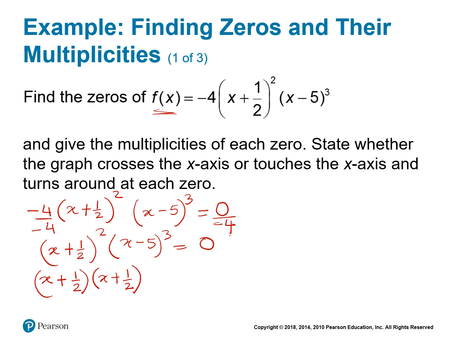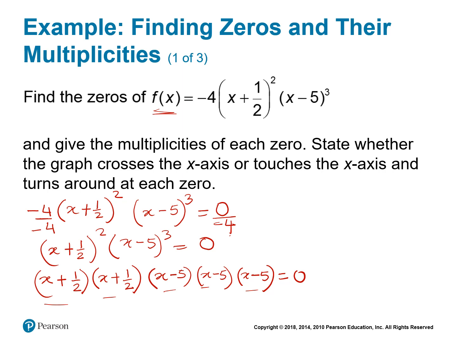For (x - 5) cubed, it's the same as (x - 5) times (x - 5) times (x - 5). That's what cube means, multiplied by itself thrice, equal to 0. Now we make each of these factors equal to 0 and solve them individually.